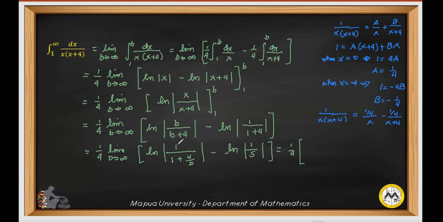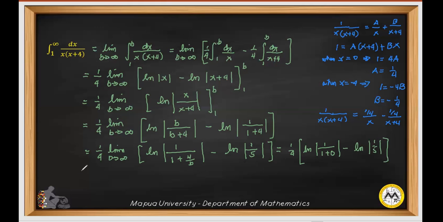The limit of 1 as b increases without bound is 1, and the limit of 4 over b as b increases without bound, of course, is 0. So that gives us the natural logarithm of 1 over 1 plus 0, minus the natural logarithm of 1 over 5.